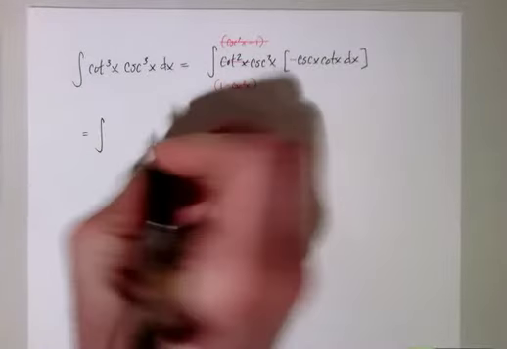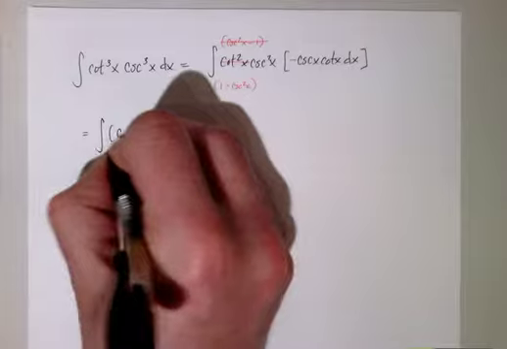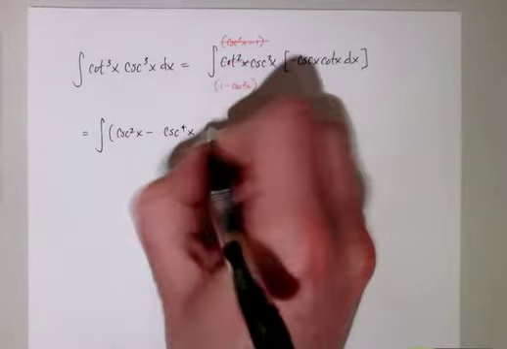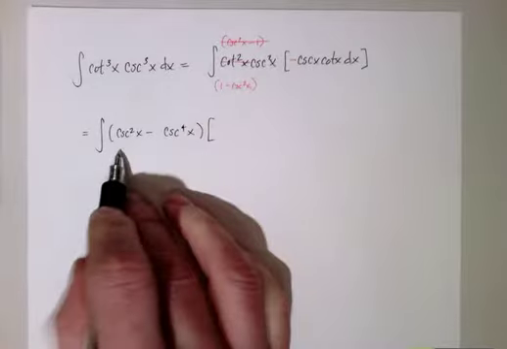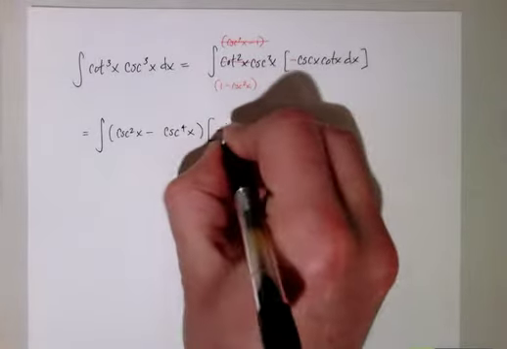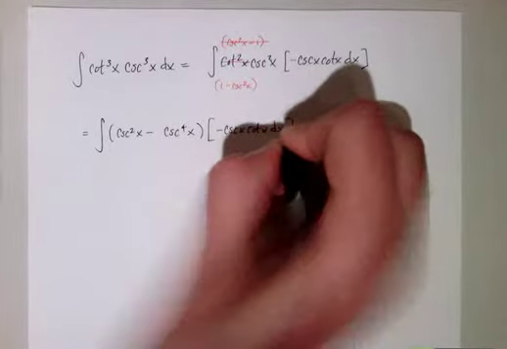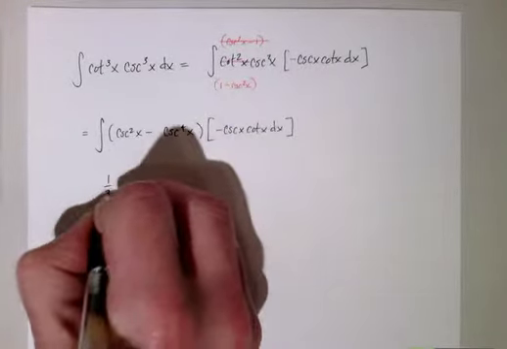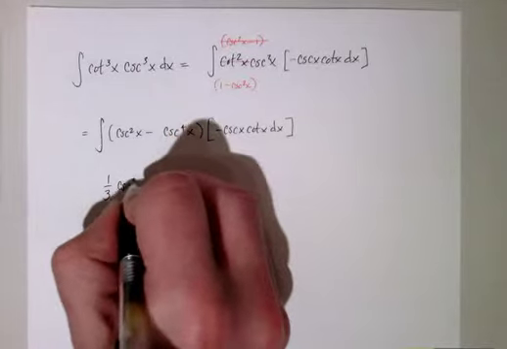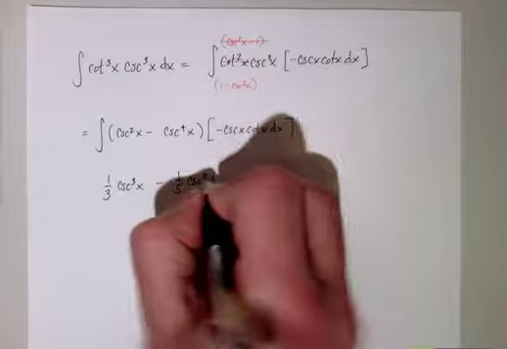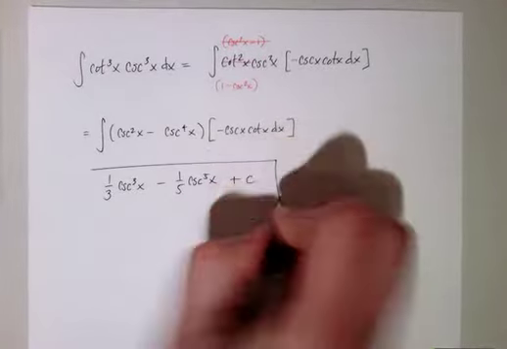And therefore my next step is going to be cosecant squared x minus cosecant to the 4th x, and that's going to be u squared and u to the 4th. And here, of course, is my du. And so I'm going to get 1/3 cosecant cubed minus 1/5 cosecant to the 5th plus c. Okay.